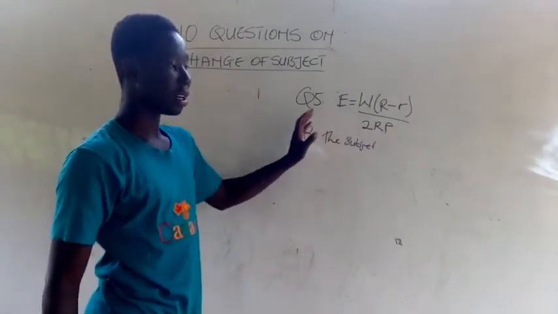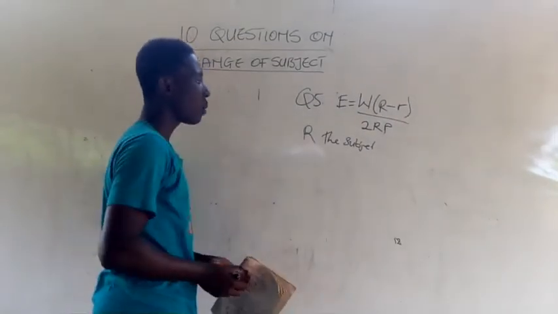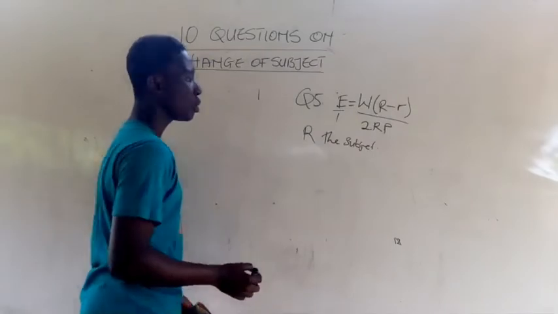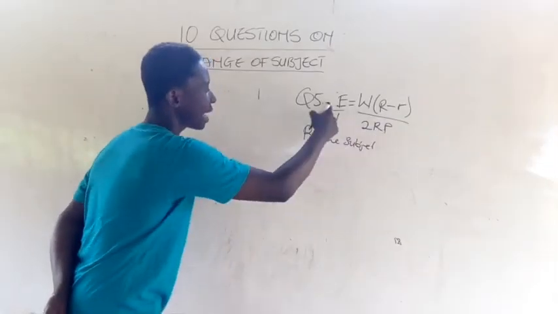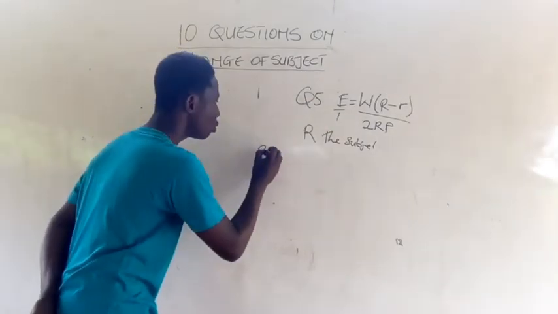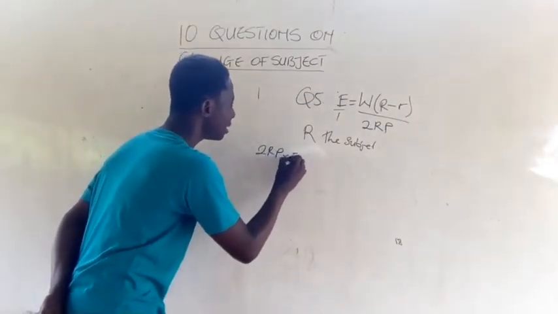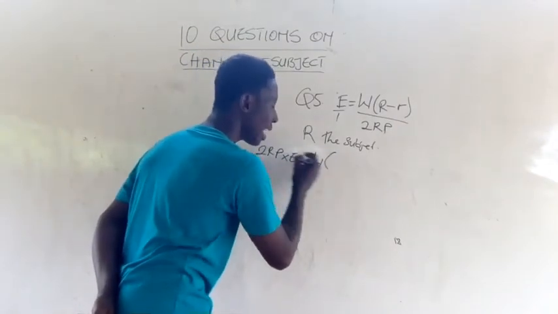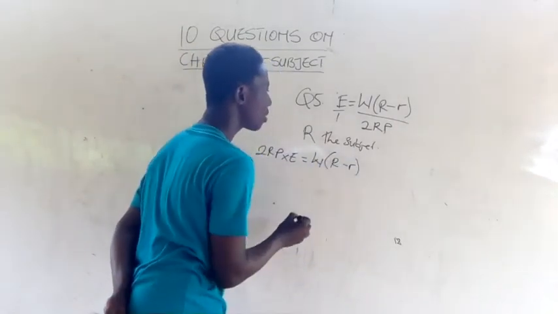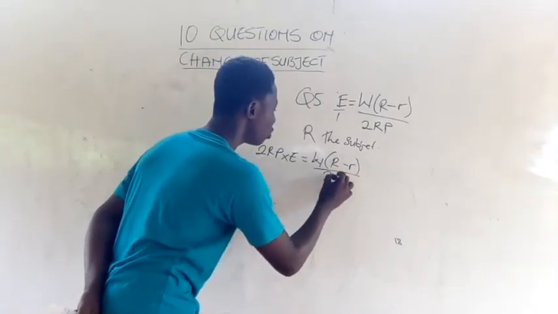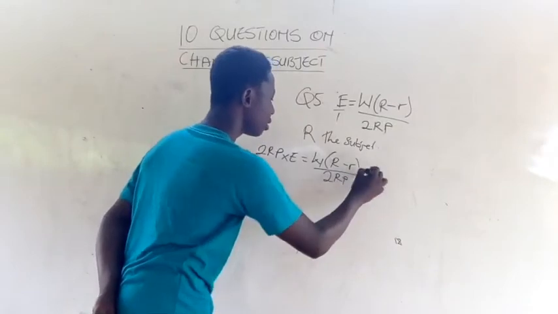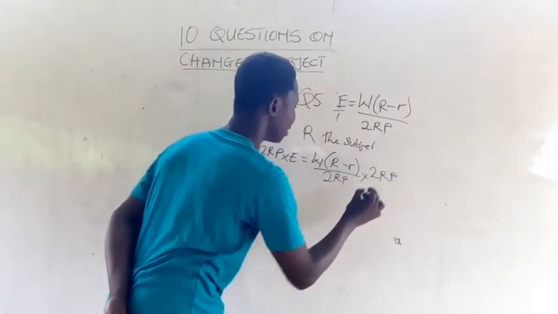So when you multiply through with the LCM, this is over 1, so the LCM is 2RP. Multiply through with 2RP, you are going to get 2RP times E equals W into capital R minus small r all over 2 capital RP times 2 capital RP.